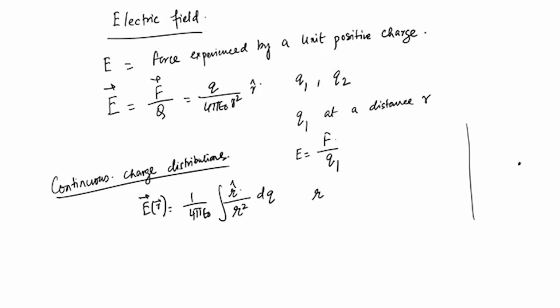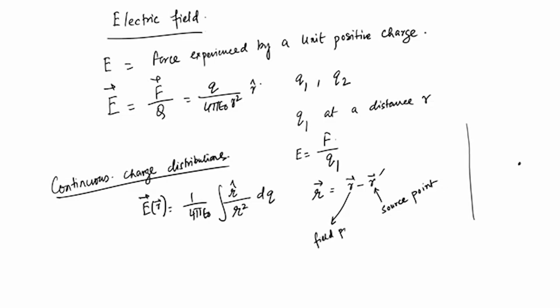We have written a unit vector as well as the magnitude of the vector square in the denominator. So, this curly r is equal to r minus r prime. Now, this is very important for you to remember, because this is really the source point, and this is the field point.